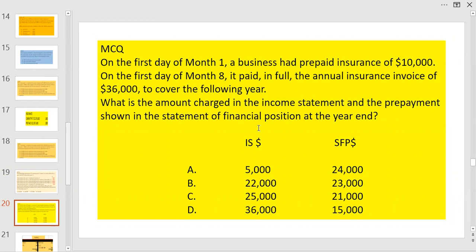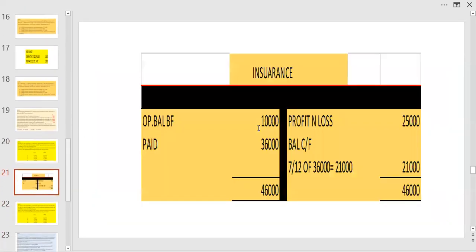What is the amount charged in the income statement, IS, and the prepayment shown in the statement of financial position, SFP, at the year end? Working: opening balance, prepayment of 10,000, paid 36,000, carry forward 7 over 12, 7 months, 21,000. Therefore, charge to the P&L is 25,000.